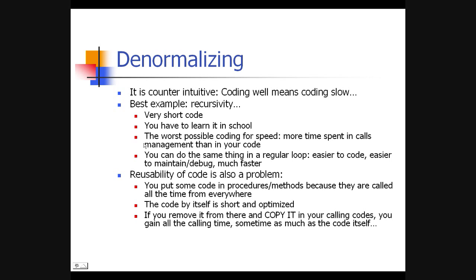Well, because at some point you will have to modify that code, and you will want to modify it everywhere it's used. And also you will have to debug this code, and if you correct something in it, you will want to be able to find easily all the places where you don't call but now reuse the same code. So that is clearly ugly, but that's sometimes the only way to do that.